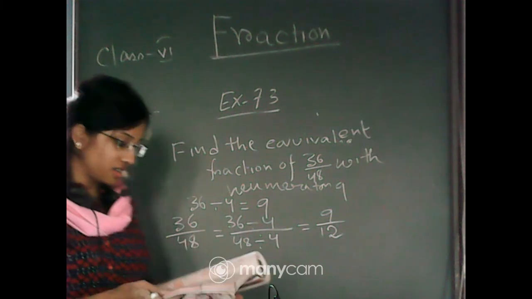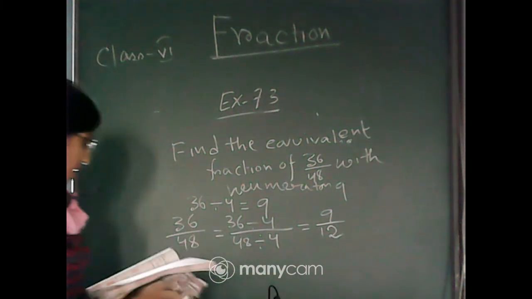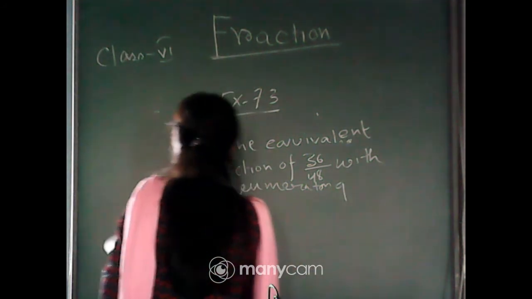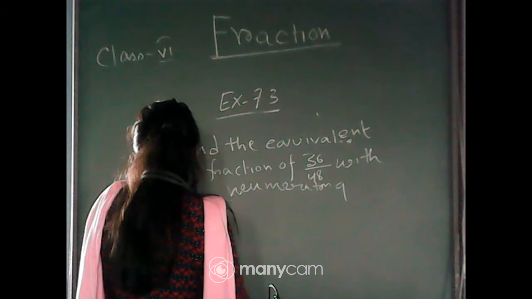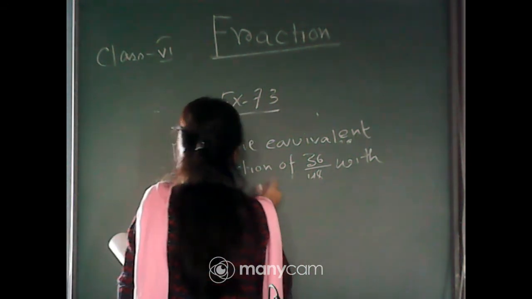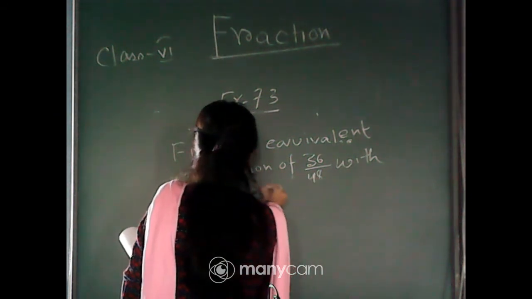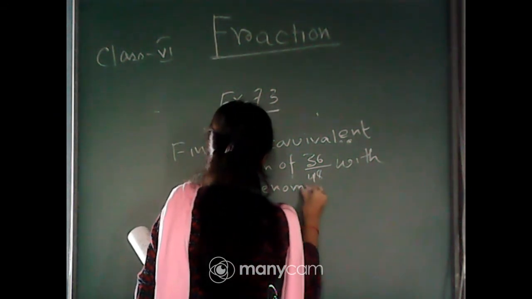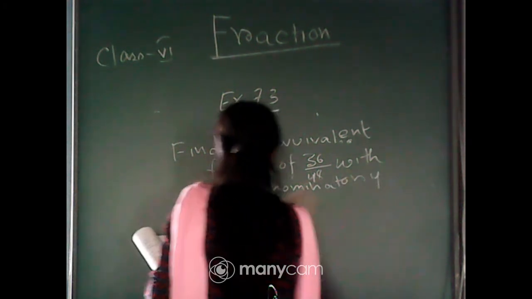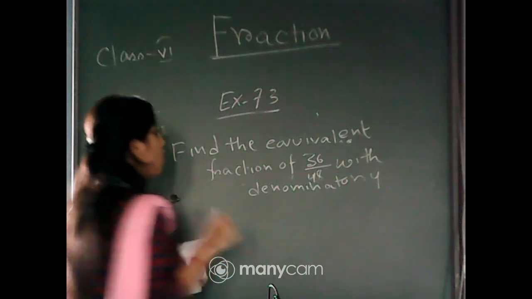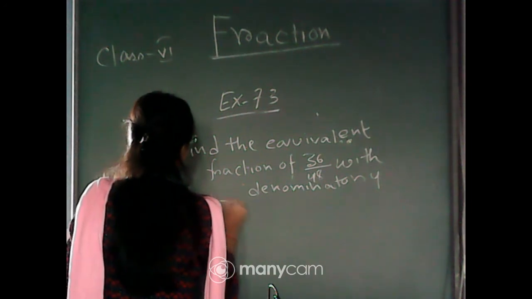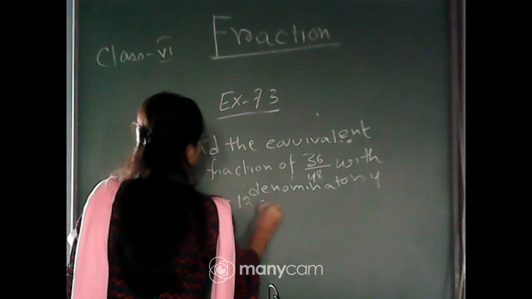Okay. And the next question is, find the equivalent fraction of 36 by 48 with denominator 4. First we observe the denominator and find that 48 divided by 12 is equal to 4.